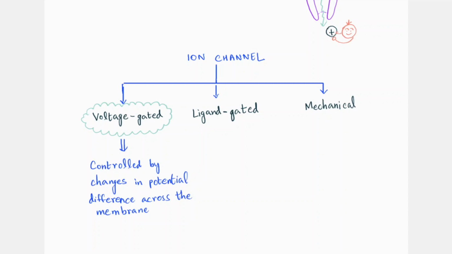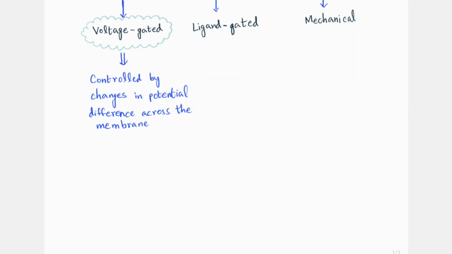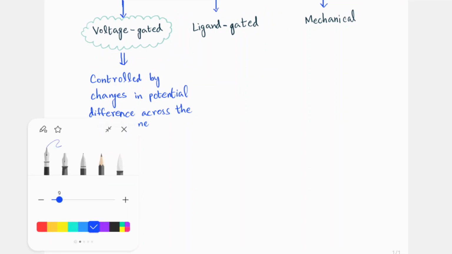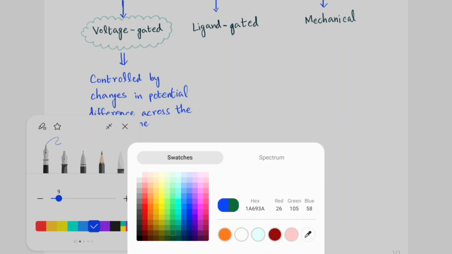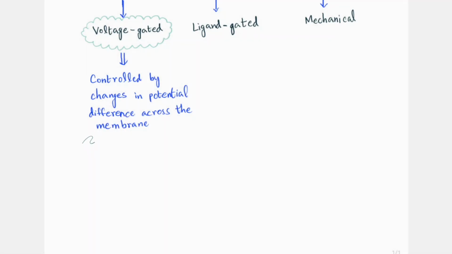And in voltage gated ion channels, I'd just like to talk about a particular type called the sodium ion channel. Now, these guys are really peculiar.